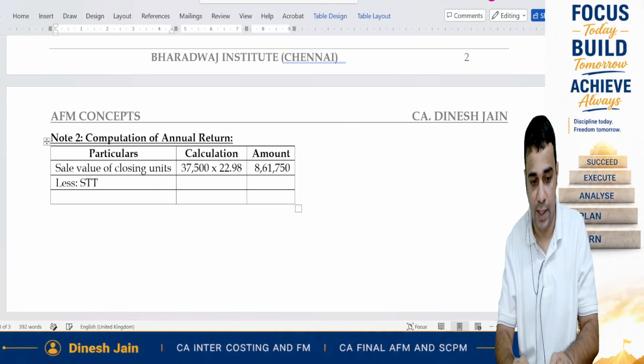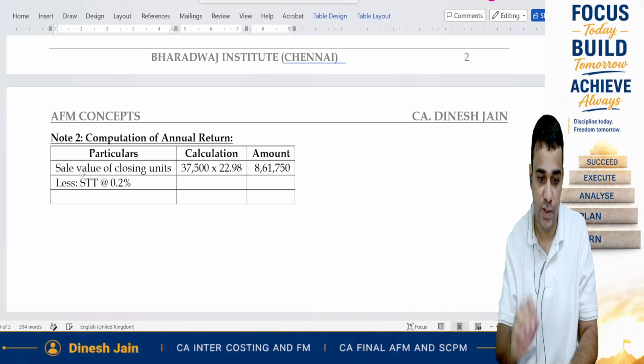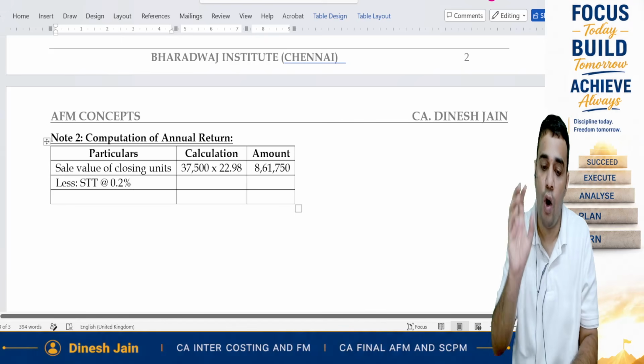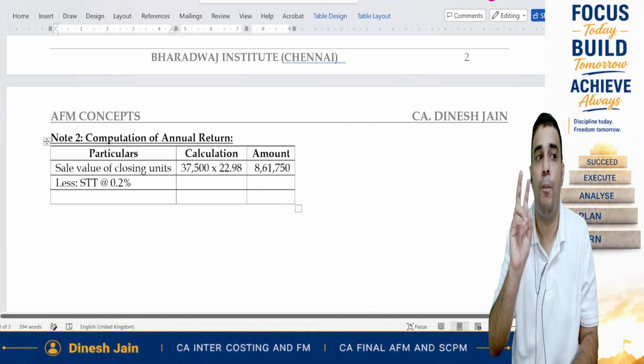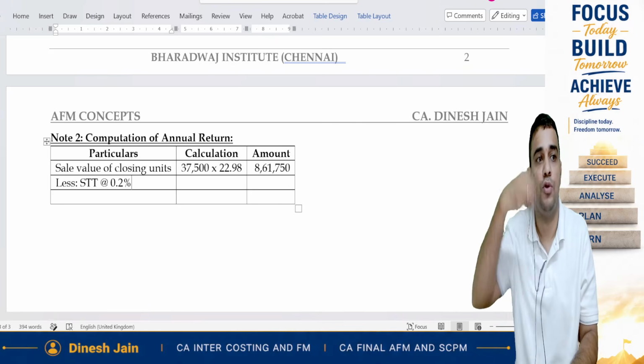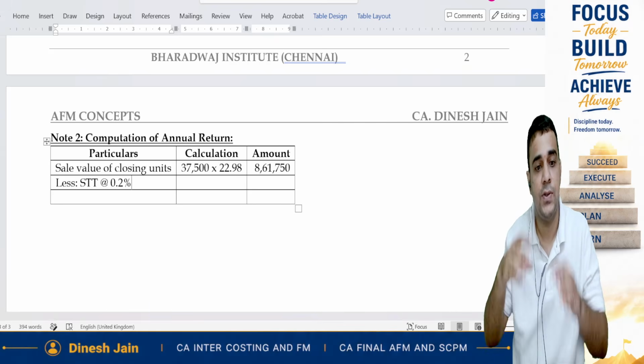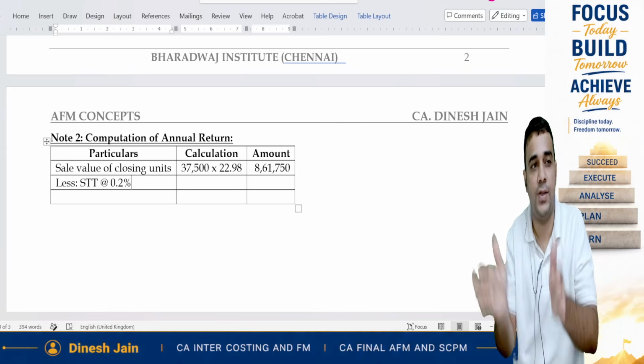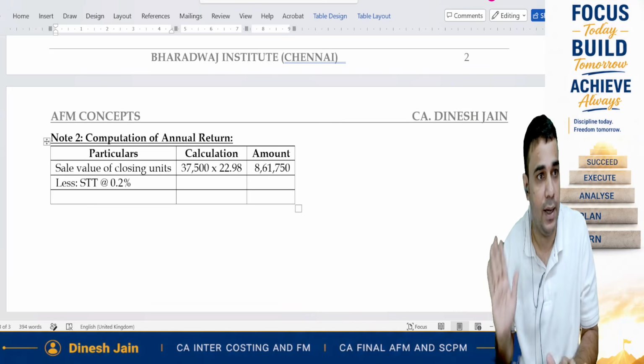Securities transaction tax. What is the percentage? 0.2% on what they mentioned? Sale or redemption. So on this 861, redemption means you are giving it to the mutual fund and taking the money back. Sale means you are selling your units to your friend. You will understand this as we proceed, but basically money will come back.